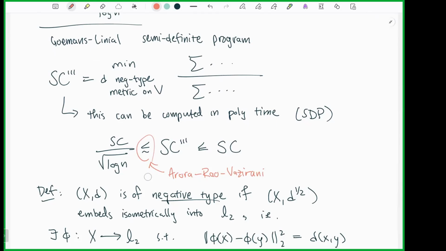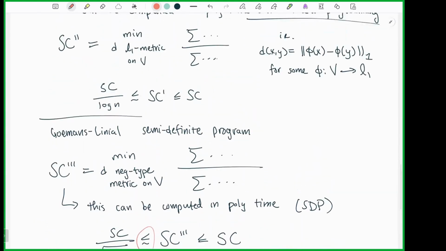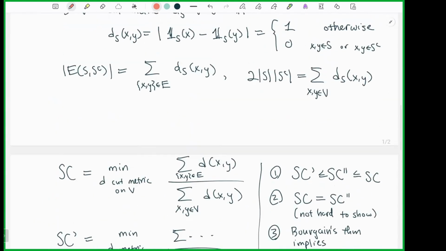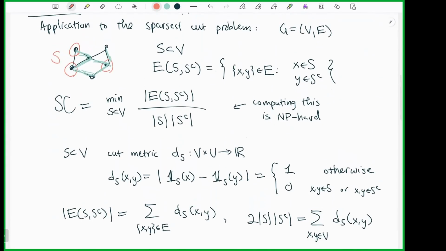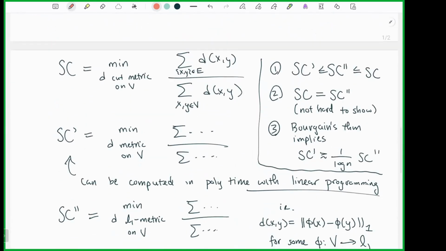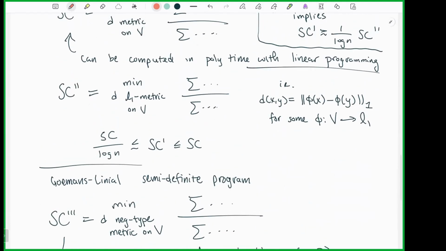But the advantage of having an embedding theorem is that it actually applies to more general problems. I stated what's called Sparsest Cut for uniform demands, uniform capacities. This is a special case of Sparsest Cut. There's a more general version called Sparsest Cut for general demands and capacities, which I won't state here, but you can look it up if you're interested. For that one you do need an embedding result.